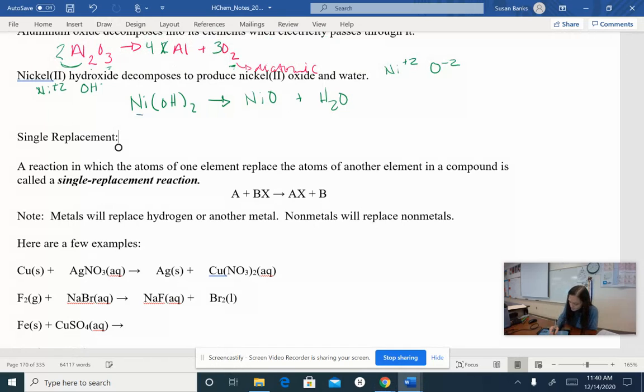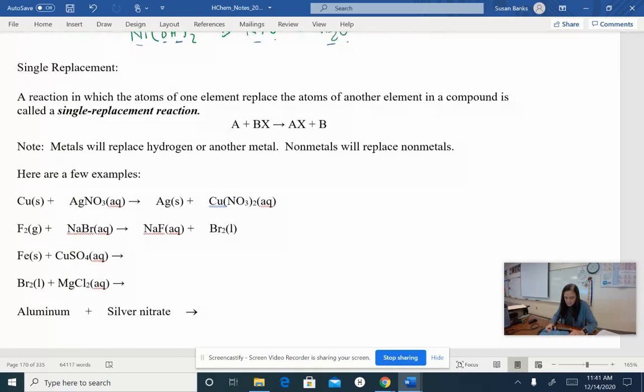So 1 nickel, 1 nickel. 2 oxygens here, 2 oxygens here. 2 hydrogens, 2 hydrogens. So we're balanced. Okay? So here we go. That is decomposition. We're taking a complex molecule and we're simplifying it.